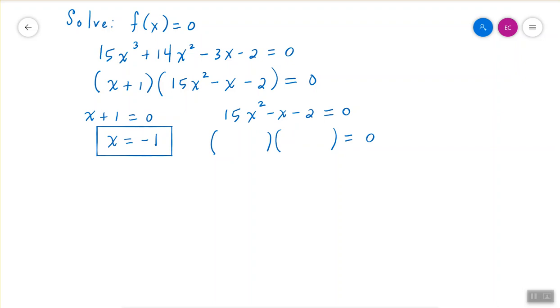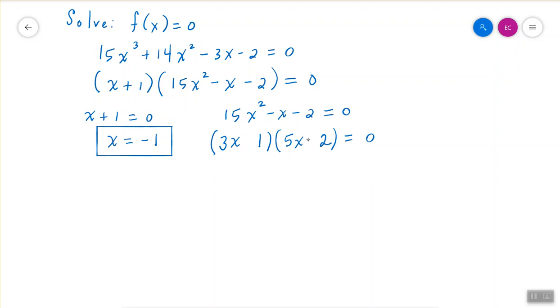And so let's see here. 15 can be written as 3 times 5. And then 2 can be written as 2 times 1. And if you put the 2 over here and the 1 over here, then the two middle terms are going to be 6x here and 5x here. 6 minus 5 gives you the -1x in the middle that we're looking for.